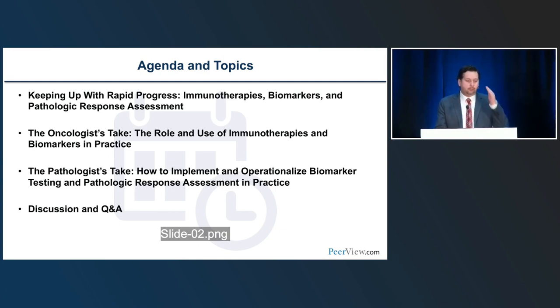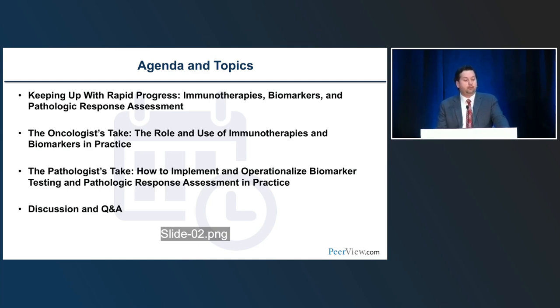So now we're going to discuss a little bit the topic. First, we're going to review how to keep up with the rapid, vertiginous progress of immunotherapy, biomarkers, and pathologic response assessment, which is an emerging situation that we're facing more and more. Then we'll look at the oncology stake.